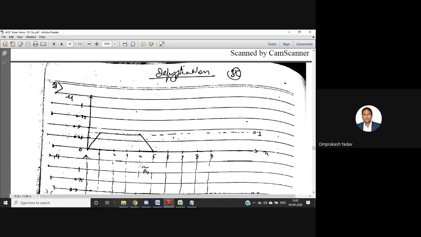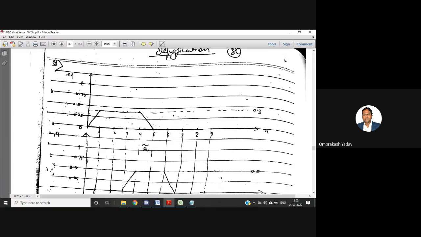So if you see here, these three diagrams are given in the question. This is the first one, this is the second one, and the third one. On the question paper, it will not be given in this particular way. So this is what I have solved.